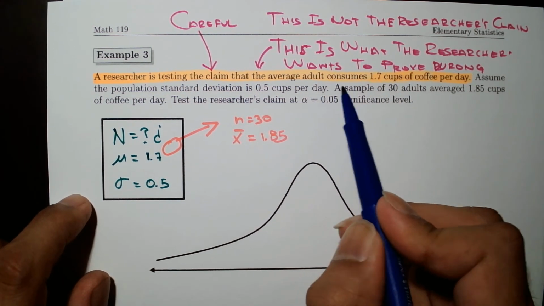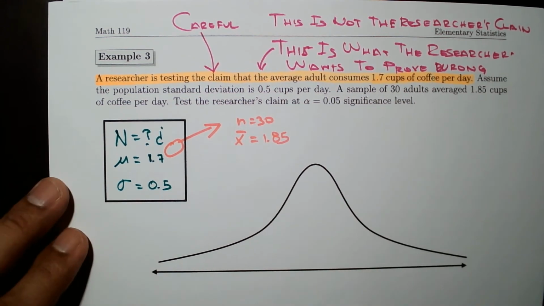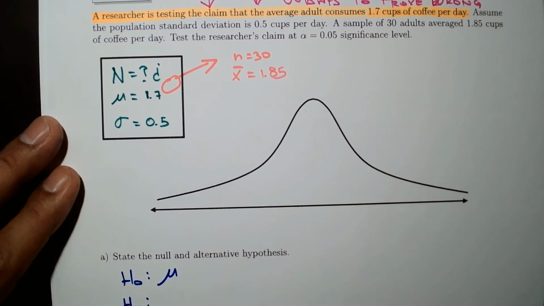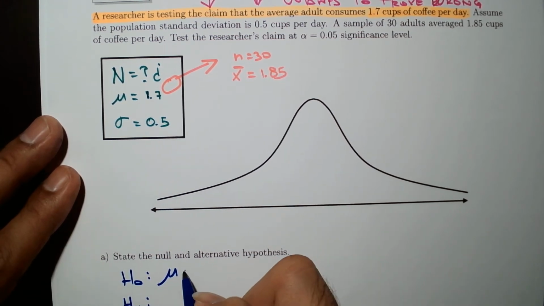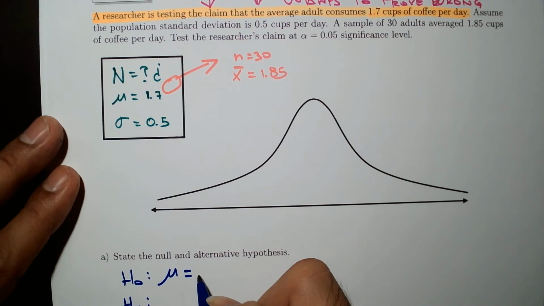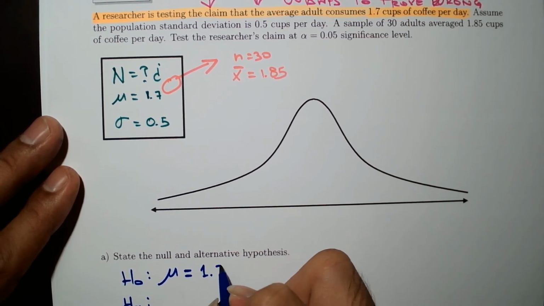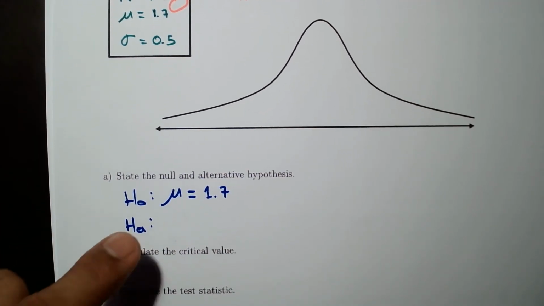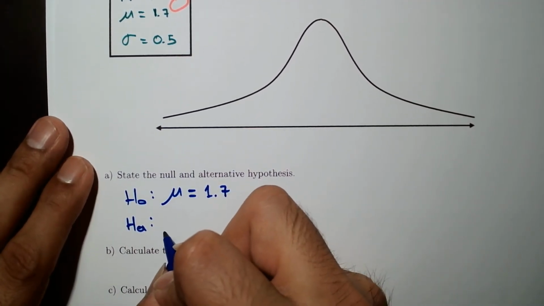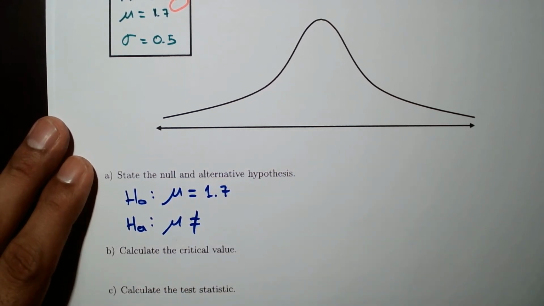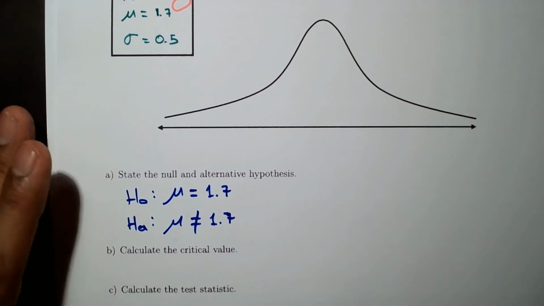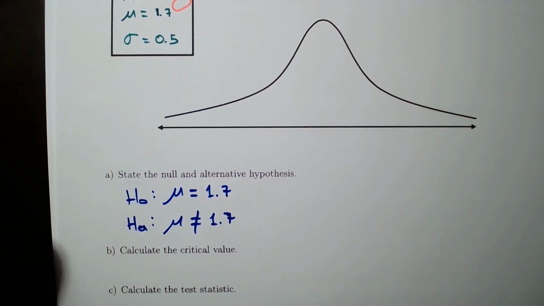This tells me that the null hypothesis should be stated as the mean number of coffee cups, mu, equal to 1.7. That's whatever claim the researcher read that is to be proved wrong. He's like, no, that's not right. And we're going to do some statistics to prove whoever said that is wrong.